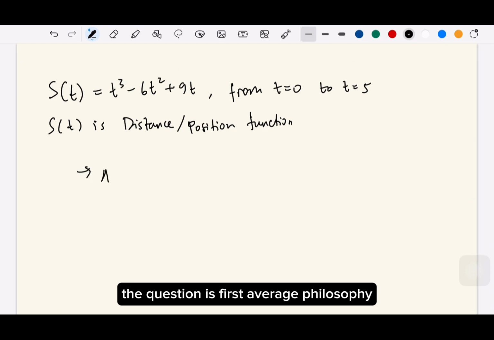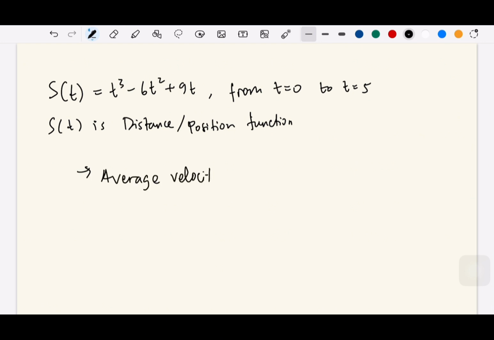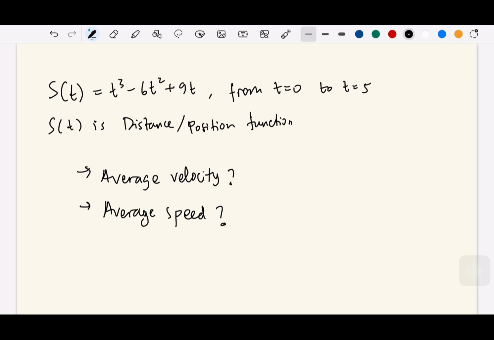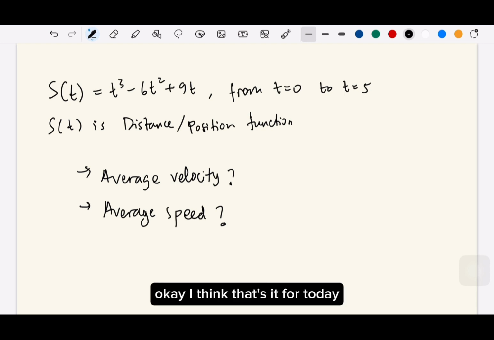The question is first the average velocity, and then the average speed. If you want to work on this, you can try. It's related to physics actually, but we will open the new chapter, chapter 4, through this question. Okay, I think that's it for today. We are going to elaborate on this later on.